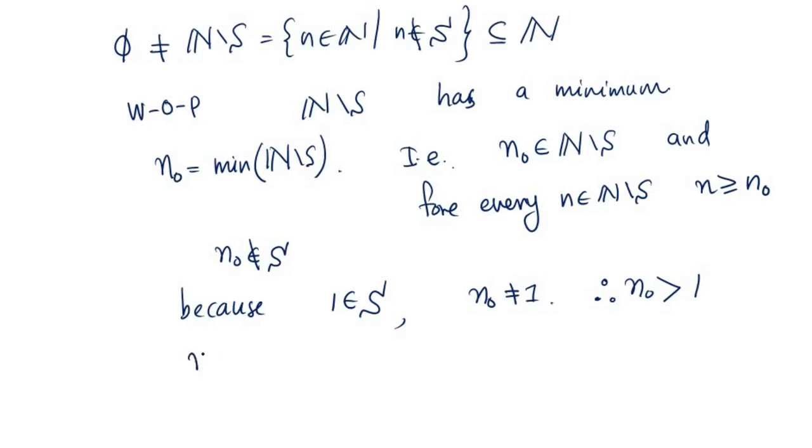Now, think of n naught minus 1. Because n naught is strictly larger than 1, n naught minus 1 is greater than 0, and it is an integer. So this is a positive integer, and hence this must be a natural number.